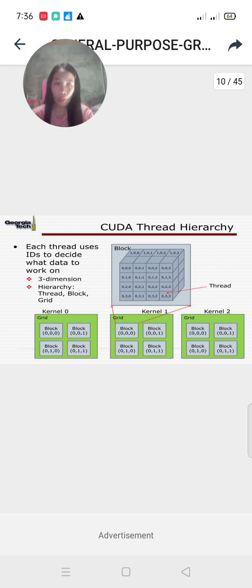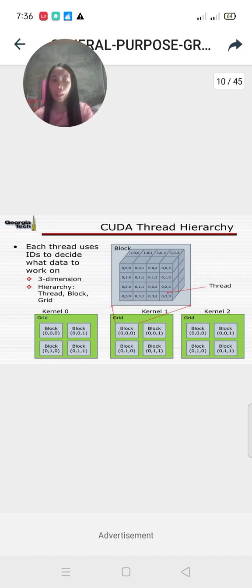Each kernel is executed on one device, and CUDA supports running multiple kernels on a device at one time. CUDA defines built-in 3D variables for threads and blocks. Threads are indexed using the built-in 3D variable threadIdx.